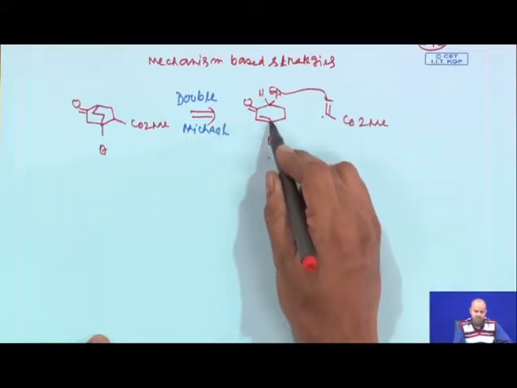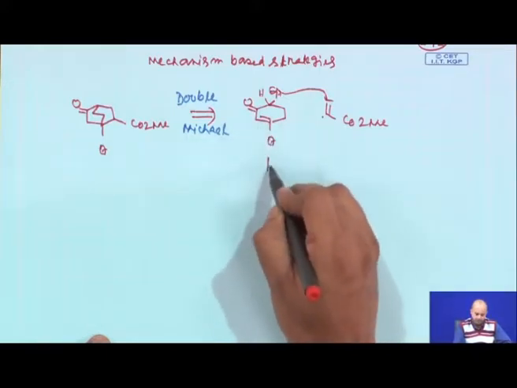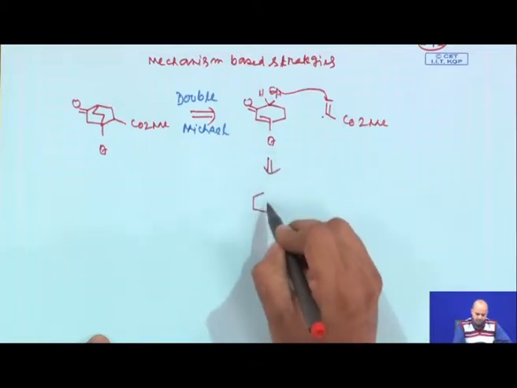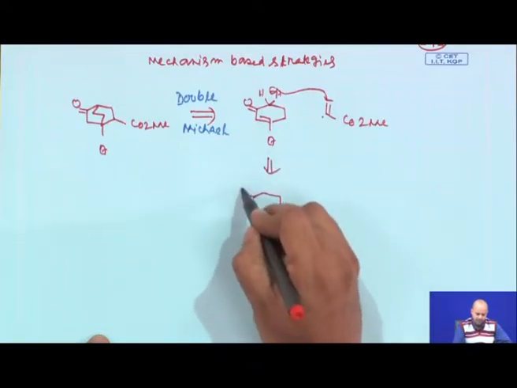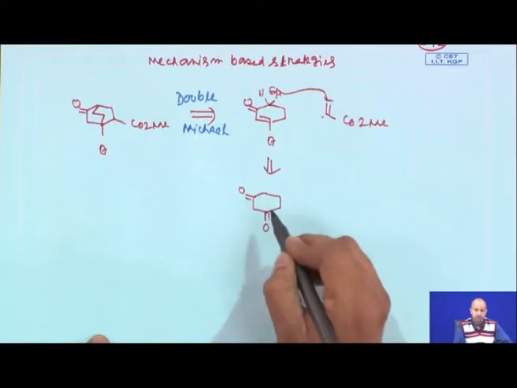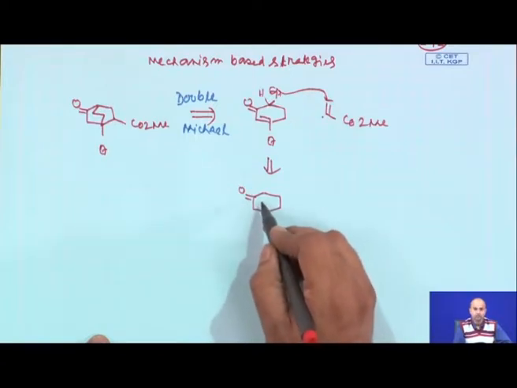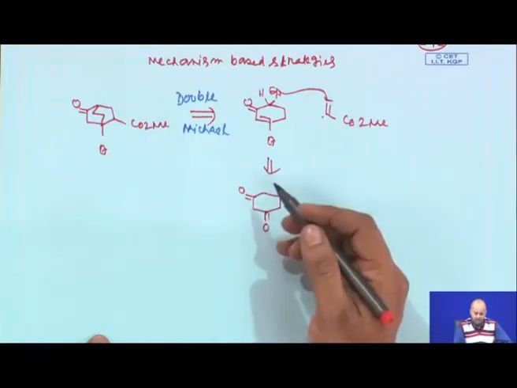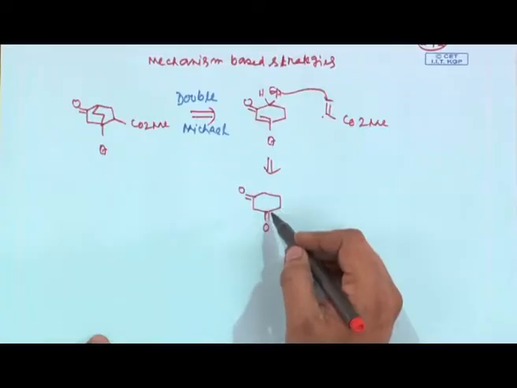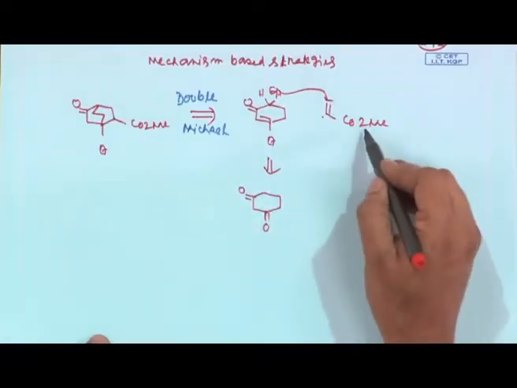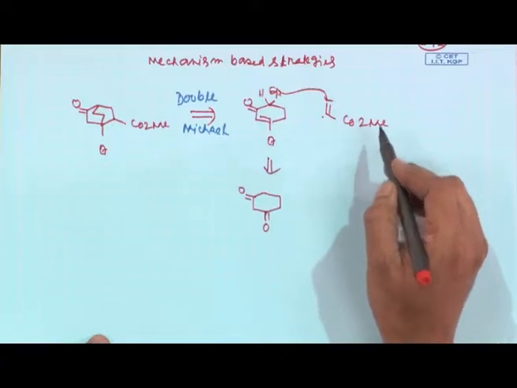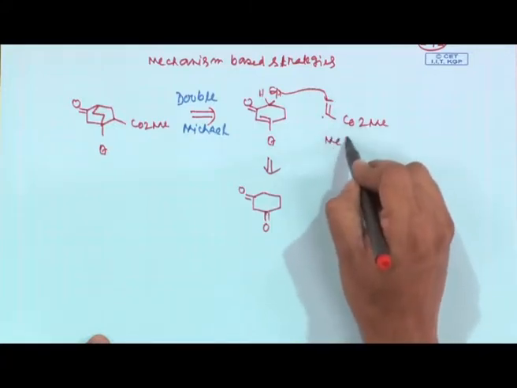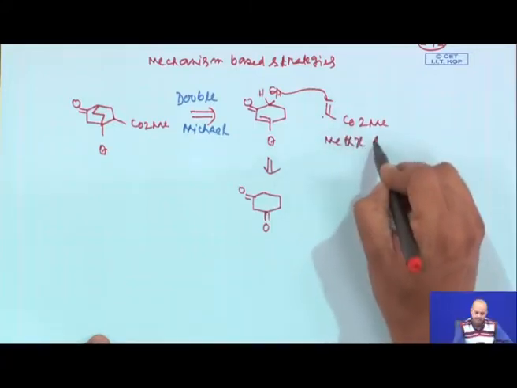This compound is commercially available, and you can even make it starting from 1,3-cyclohexanedione, a chemistry we talked about many times in our class, by allylic transposition. The methyl acrylate is commercially available.